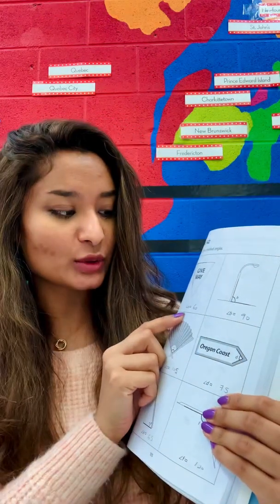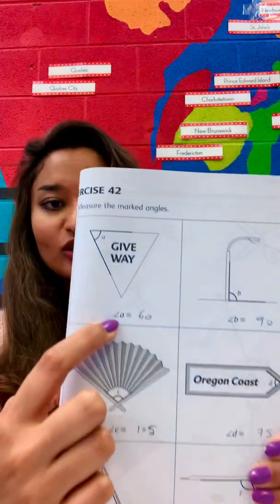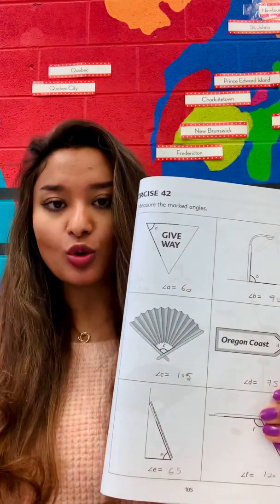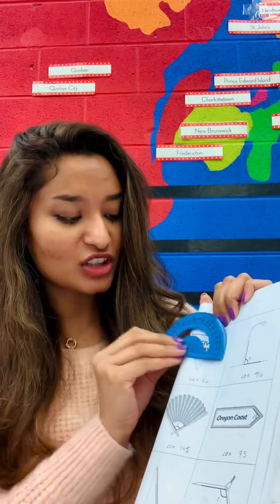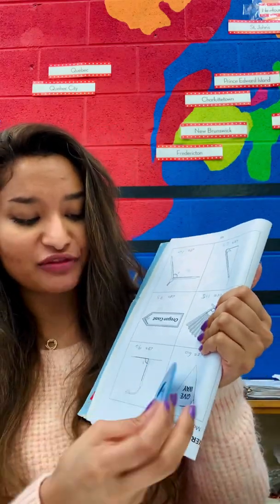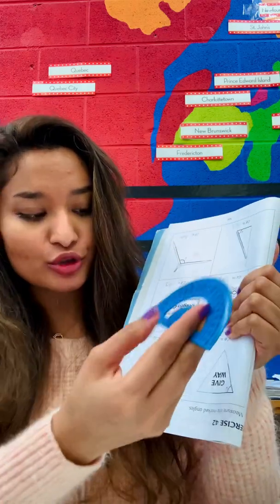Then we look at angle A over here. If you hold your protractor, even if you have to flip the picture, grade 4, it's fine. You hold your protractor, and do you see the middle line?